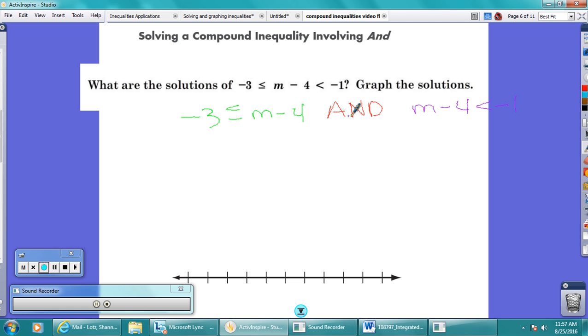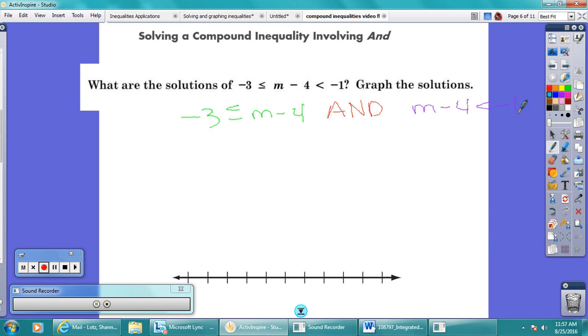I wrote them as separate. M minus 4 is in between the signs. M minus 4 now becomes to the left. M minus 4 becomes to the right. And we solve these just as normal. We add the 4 to this side. We add the 4 to this side. And then we get an in between where we graph. Okay? So let's do that.